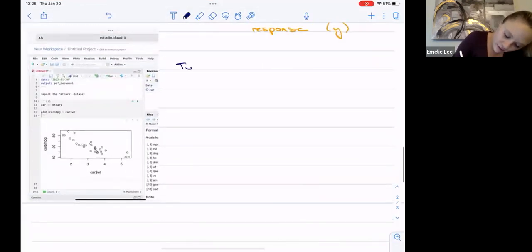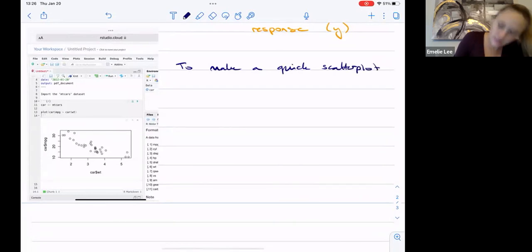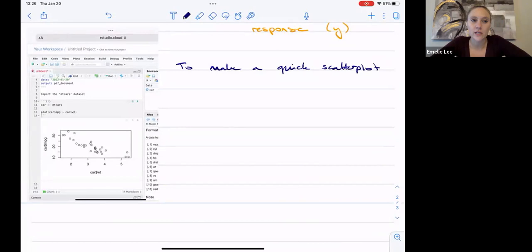To make a quick scatter plot, as long as you're not trying to publish it, so as long as it's not part of a fancy report that you're writing or submitting to a client, I would say don't waste your time with ggplot unless you feel super comfortable with it. The only way to get comfortable is to work with it. But if you're just trying to figure things out on your end, then base plots are way quicker, at least for me.